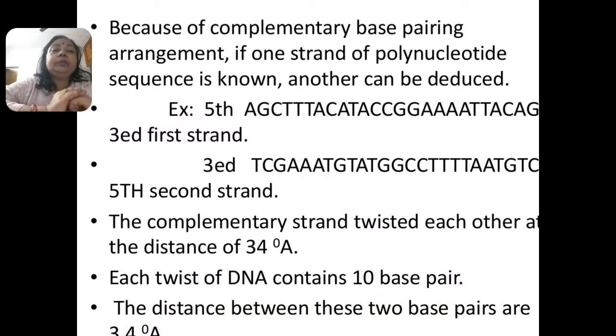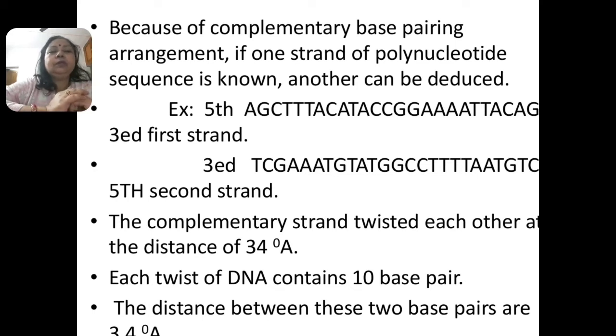Because of complementary base pairing, if one strand of a polynucleotide sequence is known, the other can be determined.